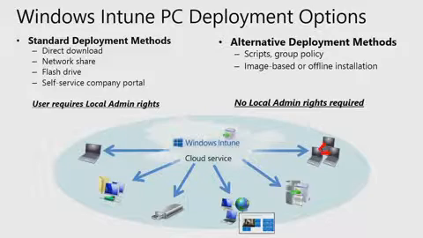So the second part of this, though, is the alternative deployment methods. And this is where we want to try and have a mechanism in place that doesn't require local admin rights. So the user who's actually executing this doesn't need to be an administrator to complete the enrollment. And here we've got a couple of options. So one of them is through script execution, or through pushing the agents themselves to the device via some kind of software deployment mechanism, such as group policy through AD.